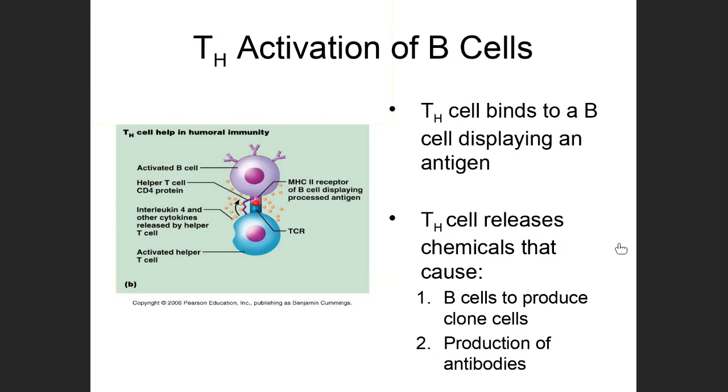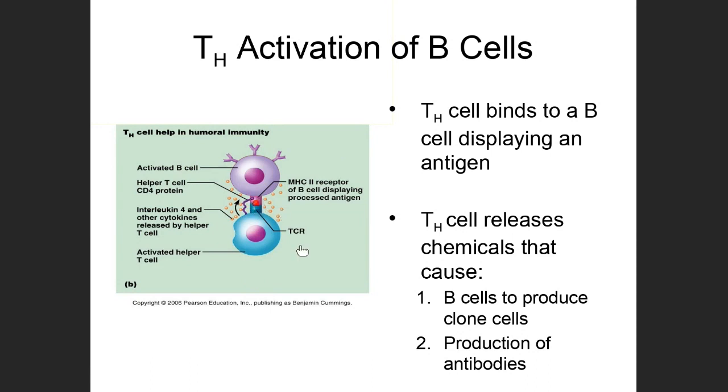Since we're talking about helper T cells, I want to show you how that activation of B cells occurs through a helper T cell. If you look at this diagram, we have in this purple cell on top a B cell that has bound to its one specific antigen. Here is the MHC2 receptor, and the antigen it's bound to is represented in red. Below that, we have a helper T cell.